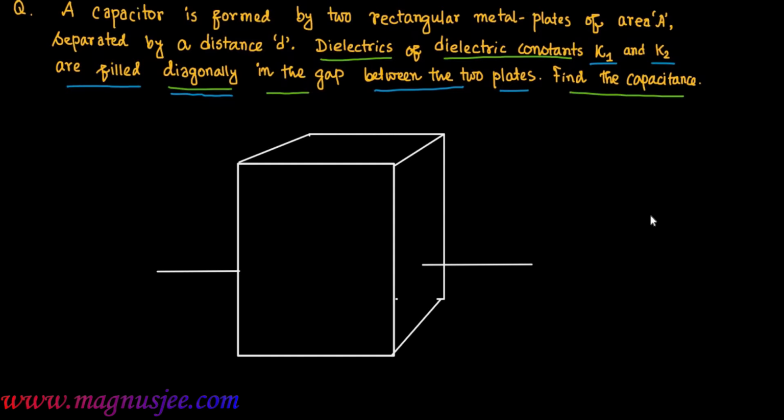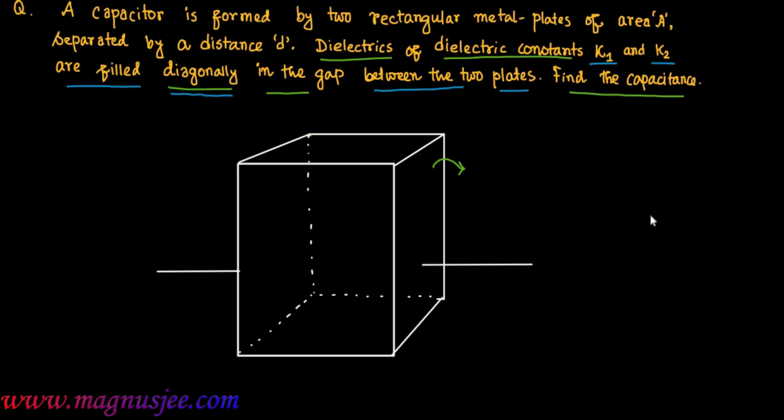This is a diagram of a parallel plate capacitor in which two rectangular plates are separated by a distance. Now we are denoting the two rectangular plates, which are separated by a distance d.